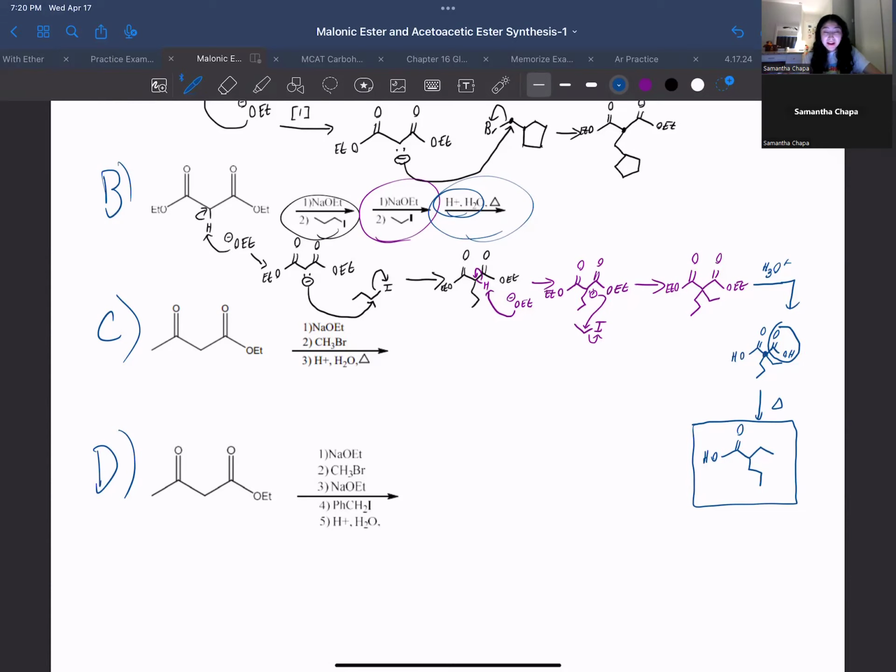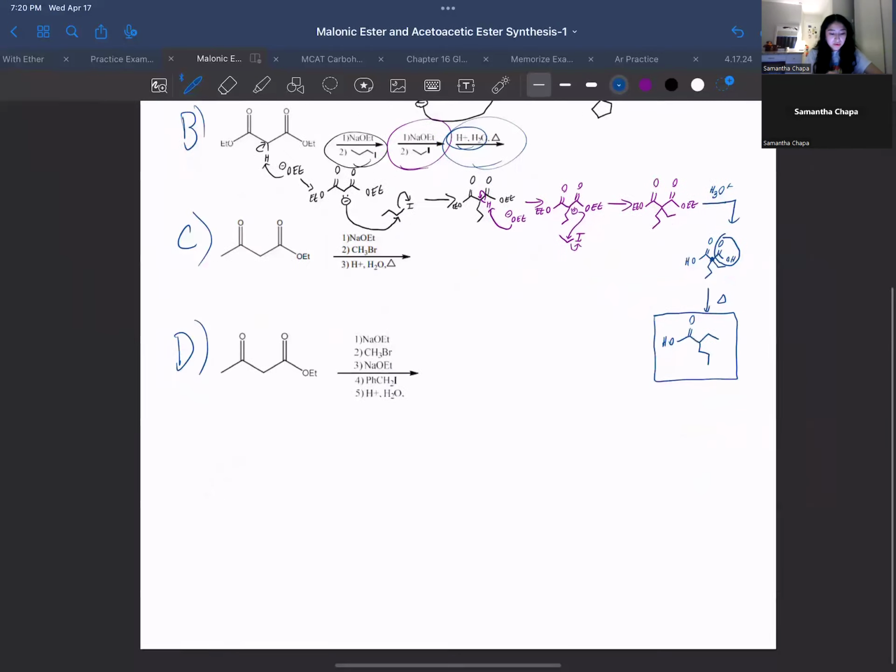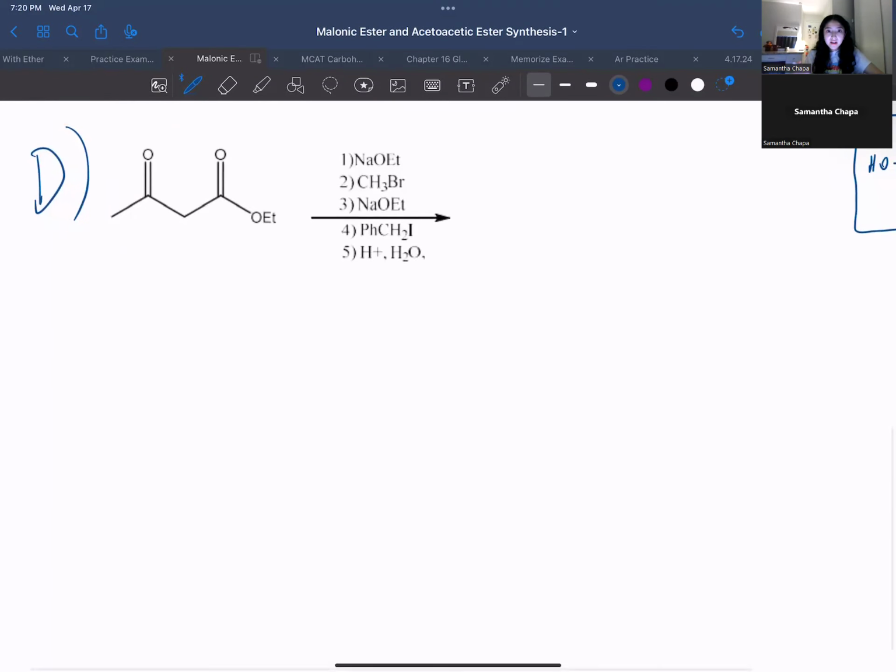So even though they aren't going to be too far off in terms of the reagents we use, the starting material, this right here, is different from A and B. So they're 2 different reactions, but again, the same procedures. Okay, before I go into the acetoacetic ester synthesis reactions, I kind of wanted to show a decarboxylation reaction.